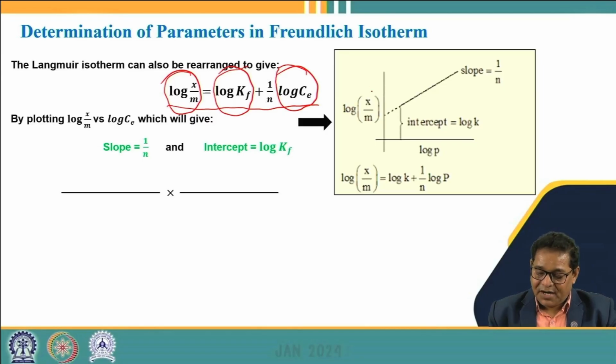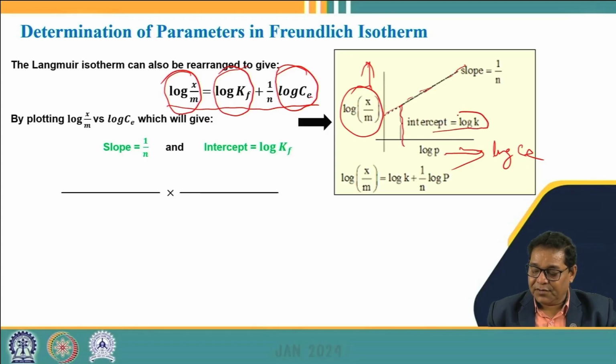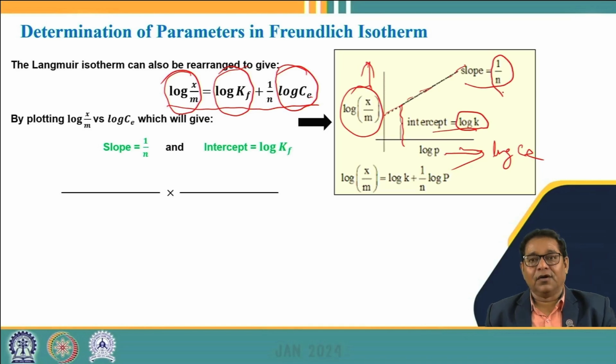If we plot log of x by m on the y-axis and log of Ce on the x-axis, we get a straight line whose intercept gives the value of log of Kf, whereas the slope gives the value of 1 by n. This is how we can determine the Freundlich model parameters for describing the Freundlich isotherm.